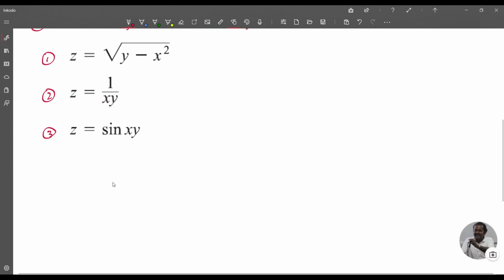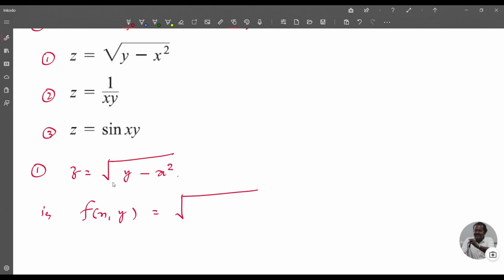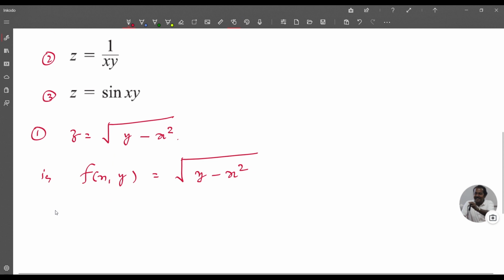Consider problem number 1. z is equal to square root of y minus x squared. That is, f of x, y is square root of y minus x squared. You know that this function is defined for all x and y such that y is greater than or equal to x squared, because the square root of negative numbers is not defined on the set of reals.